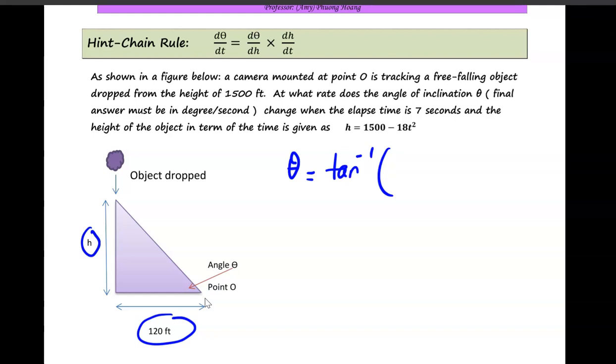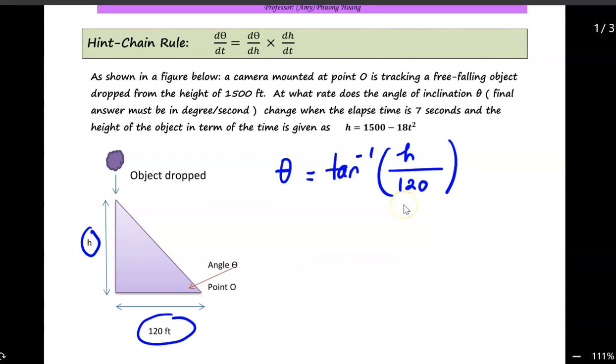So opposite to angle theta is h. Adjacent to the angle theta is given to you as 120. So to find the angle theta, we are going to use tangent to the exponent of minus 1.